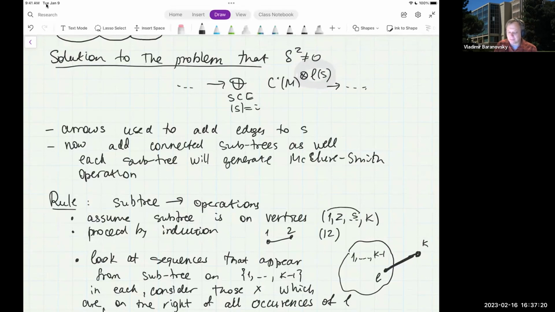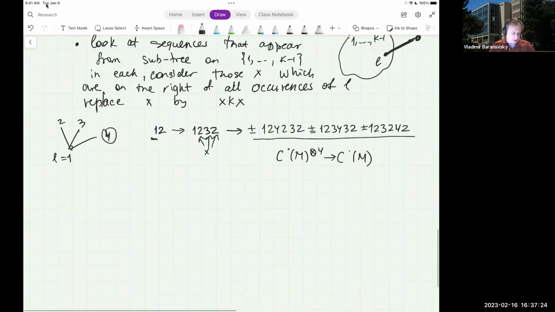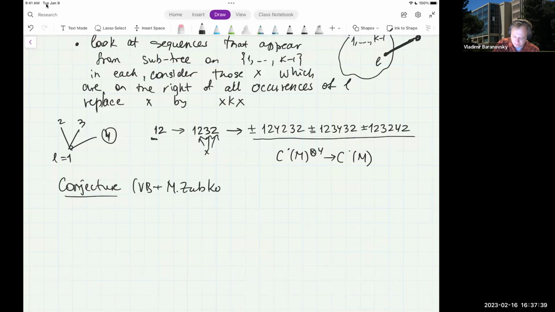Again, you're trying to compute homology of configuration spaces. And this sort of formula was conjectured by myself and Maxim Zubkov in 2017.